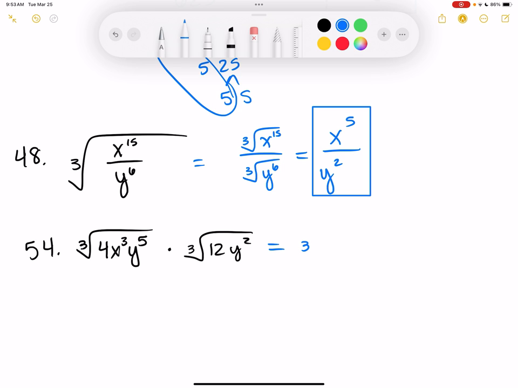So I get the cube root of 48 x cubed y to the 7th. 12 times 4. Because x is common. Now what can I take out? You can take out the x to the third. Because x cubed is cubed root, didn't it?